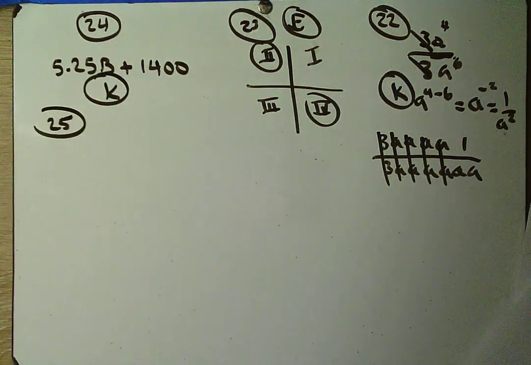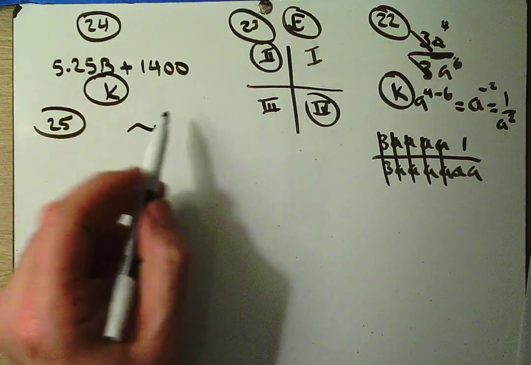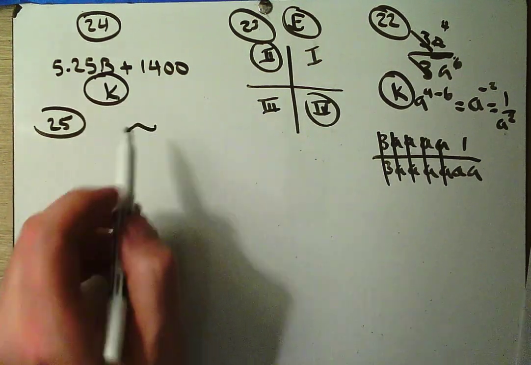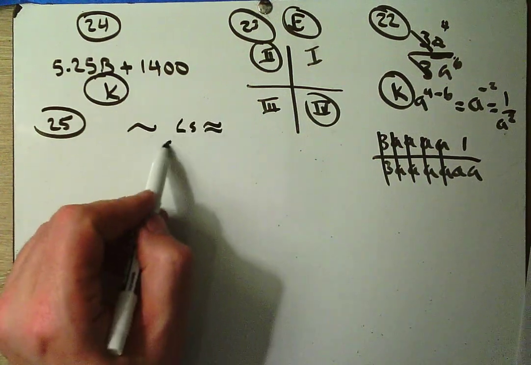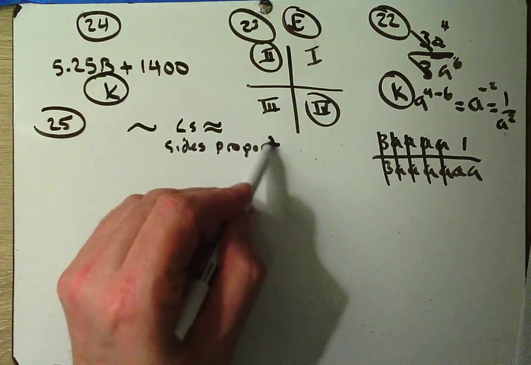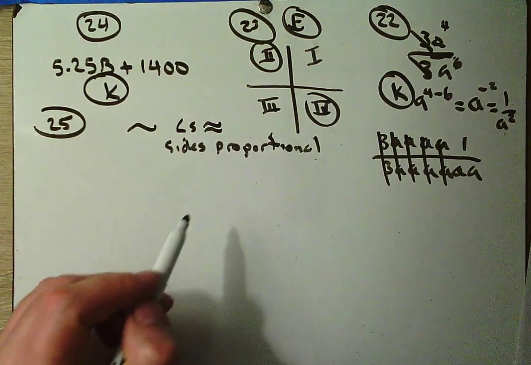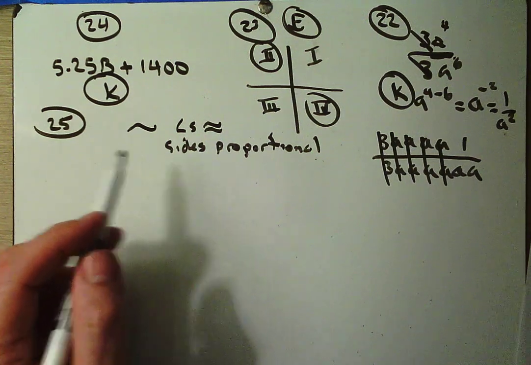25. In the figure below, the triangles are similar. Remember, when you see the similarity symbol, you know that the angles are congruent and the sides are proportional. So here, they don't ask me about angles, they only ask me about sides.